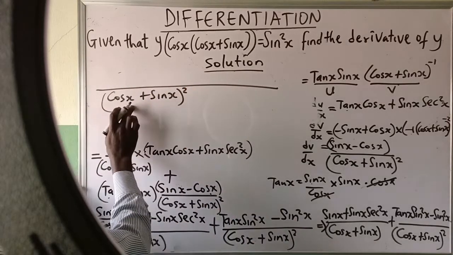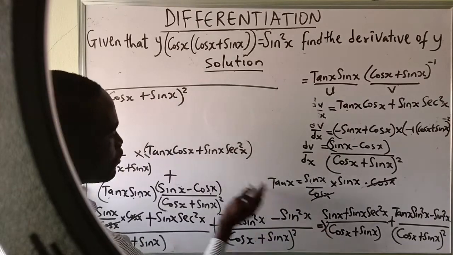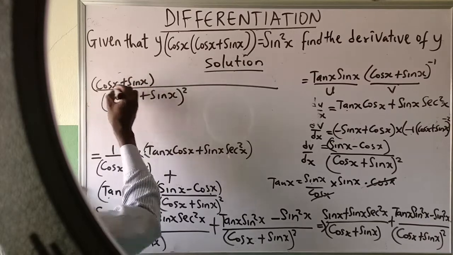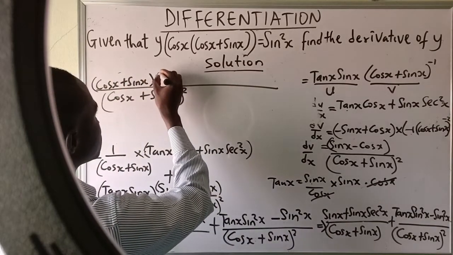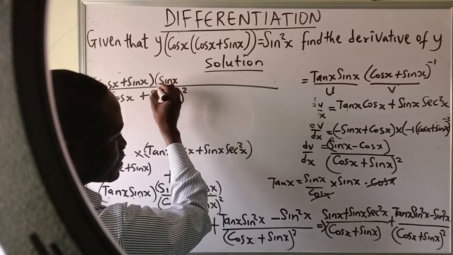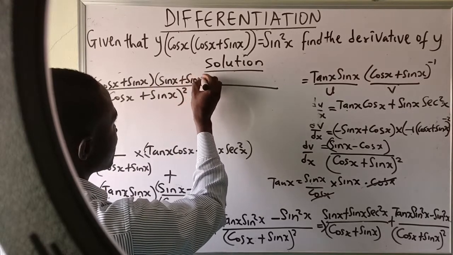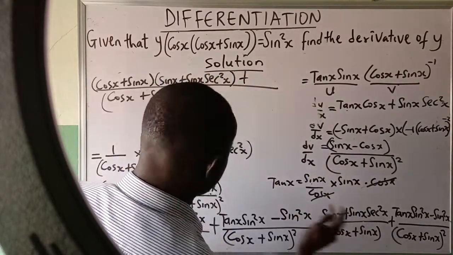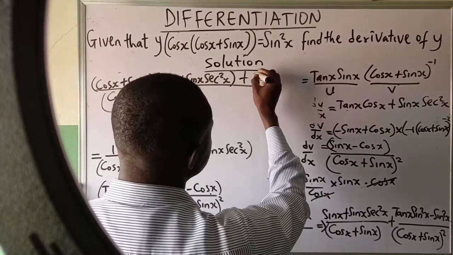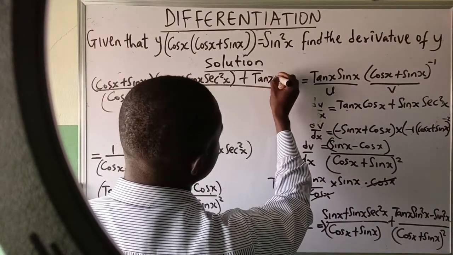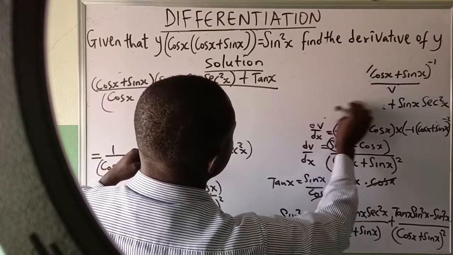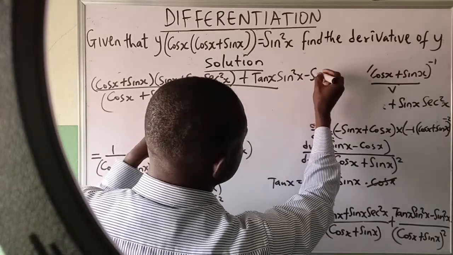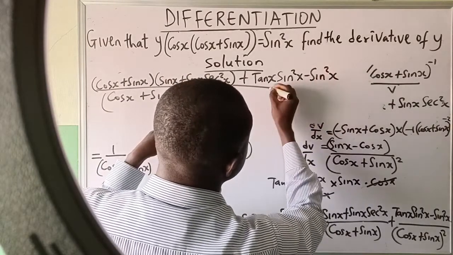So this divide this will give you cos x plus sin x, then write bracket sin x plus sin x sec squared x, plus this divide this will give you the numerator tan x sin squared x minus sin squared x.